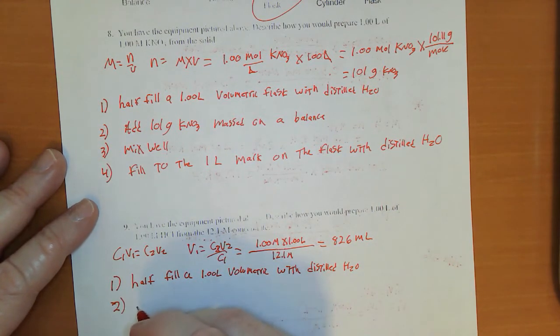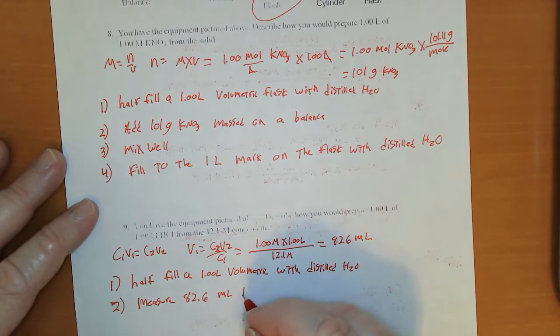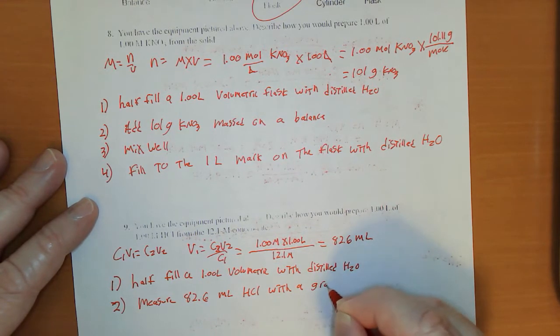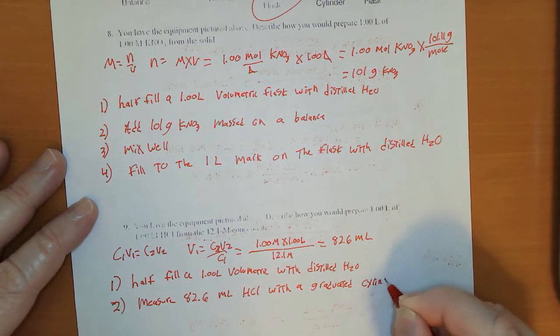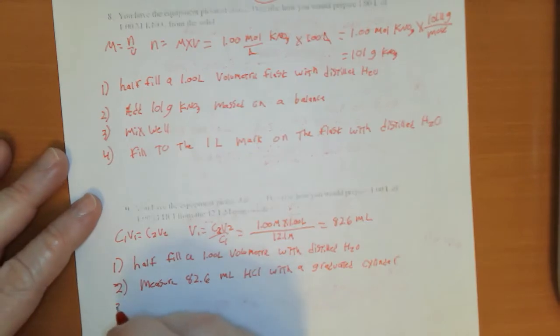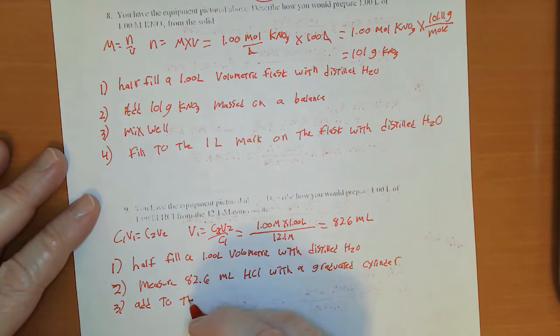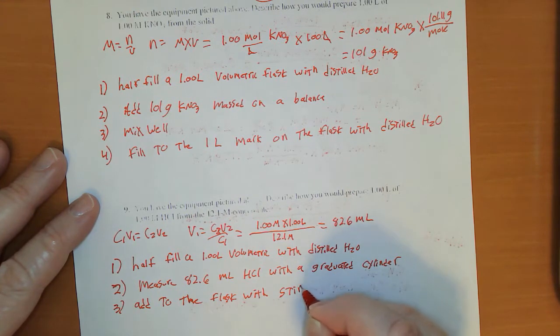Number 2, measure 82.6 milliliters of the HCl with a graduated cylinder. Add to the flask with stirring. Okay.